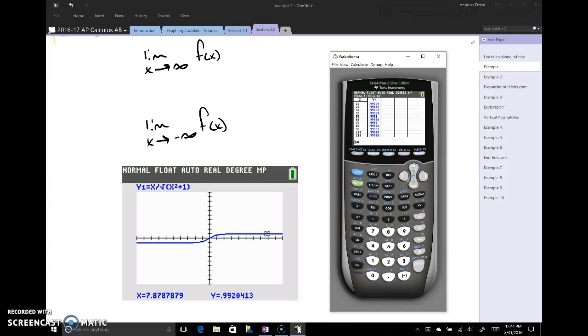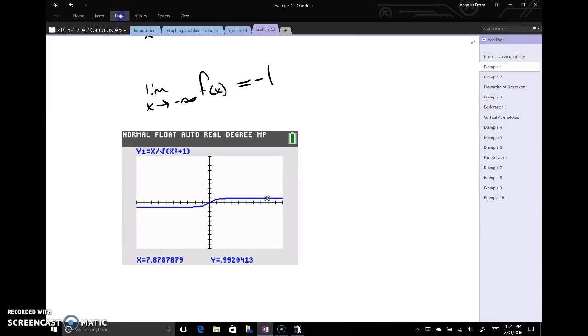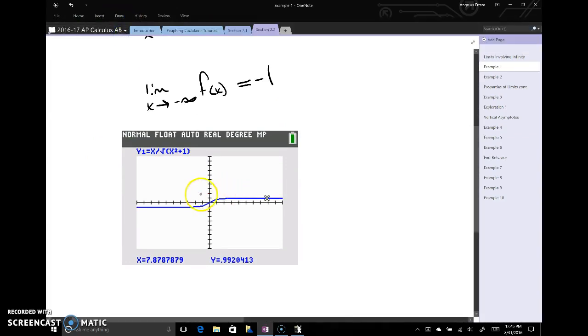Or if we go to the negatives, we're going to start really approaching -1 there. So it looks like our horizontal asymptote on the right side, or the limit as x approaches infinity, is 1, and the limit as x approaches negative infinity is -1. So we can see those asymptotes there.